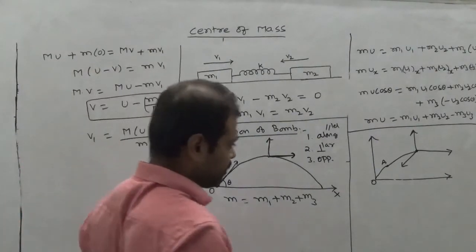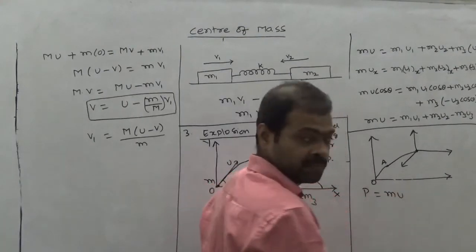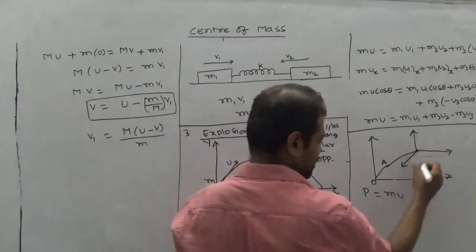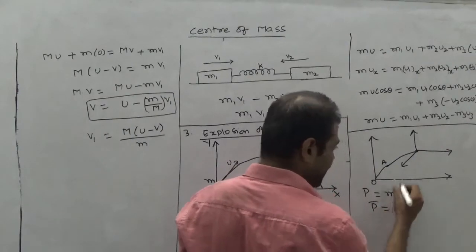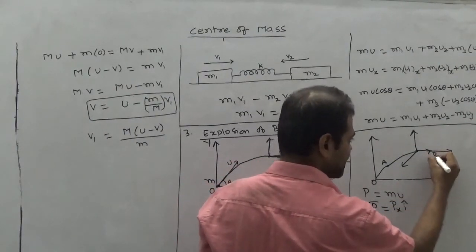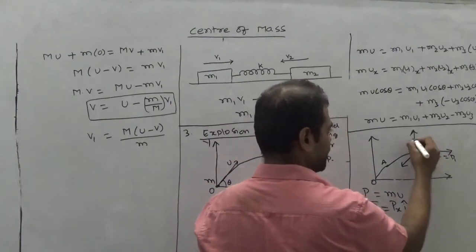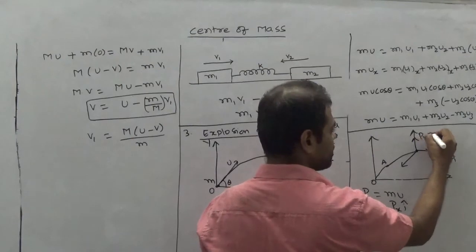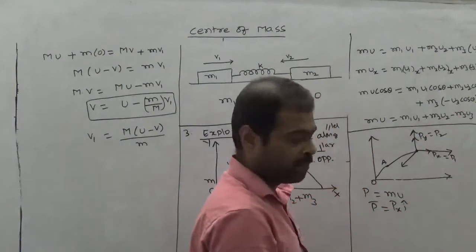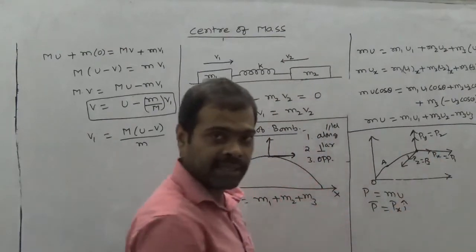Resultant momentum, that is initial momentum, I can write as p bar equal to px i cap, along x-axis the momentum is px, that is nothing but p1. Along y-axis, that is py, that is p2, and along z-axis we have the momentum p3.